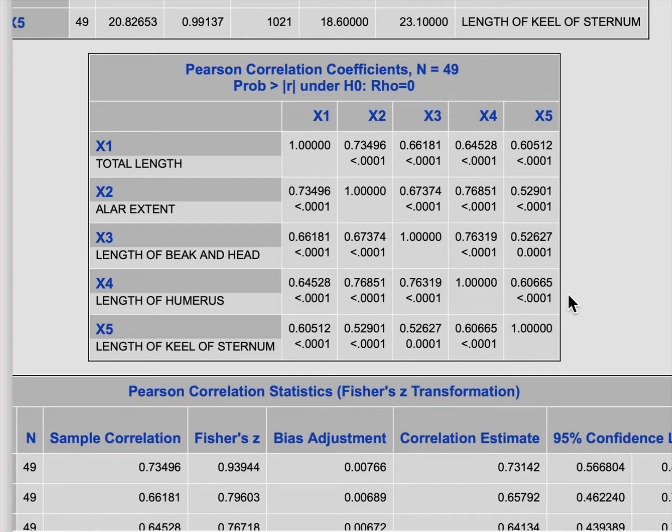And the magnitude, or how big this overall type 1 error rate can be, increases pretty quickly as the number of response variables increases.